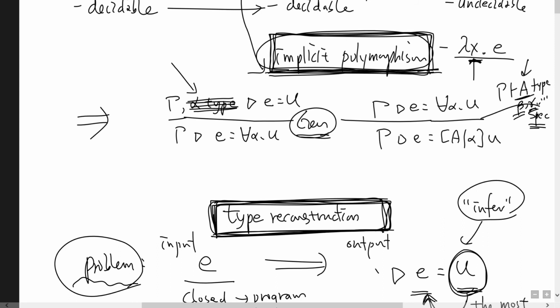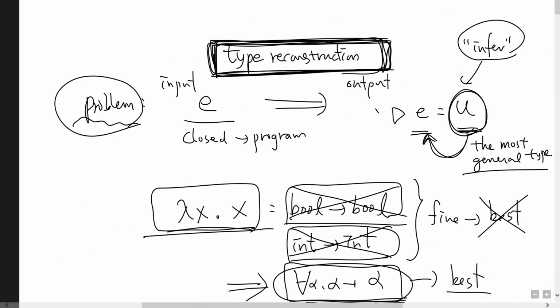But now, because we are developing a sound type reconstruction algorithm, there's no reason to intentionally generate the wrong type variables. So these type variables are guaranteed to be valid. Therefore, there is no reason to test the validity of this type A, because everything is valid anyway. So we make another small change here. This is going to disappear, and we remove this one. So let me rewrite this generalization rule and specialization rule.